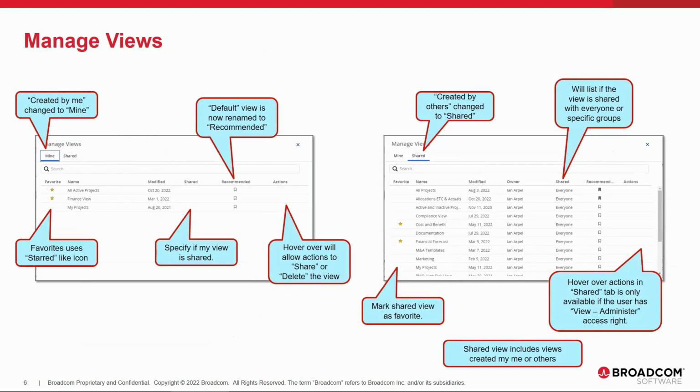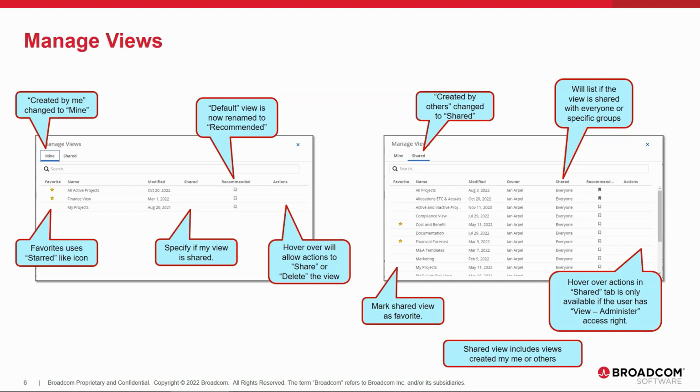Let's discuss a little bit more specifics around what data will be displayed within the two tabs. So starting with the Mine tab, which is where the user will see all the views that the logged in user has created. The first thing that will be observed is that the ability to mark a specific view as favorite is going to use a similar starred-like functionality.